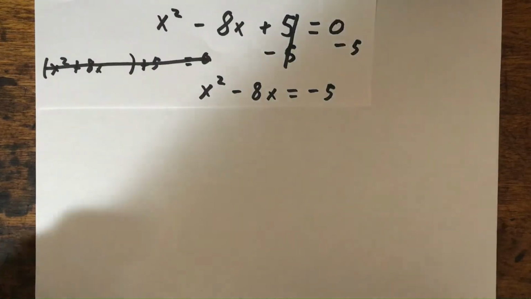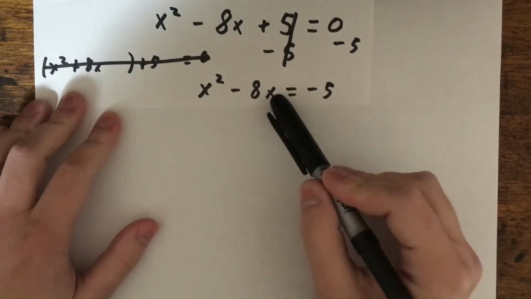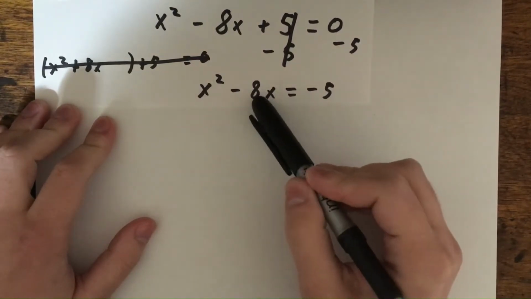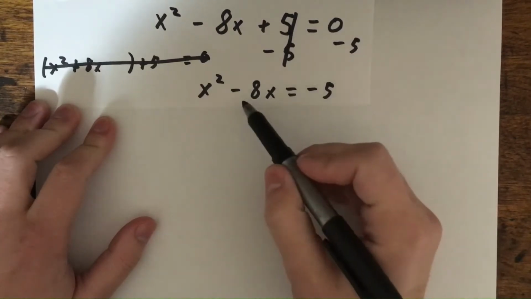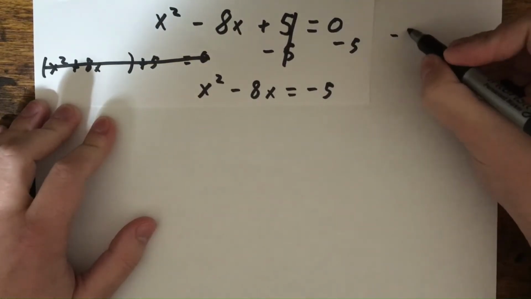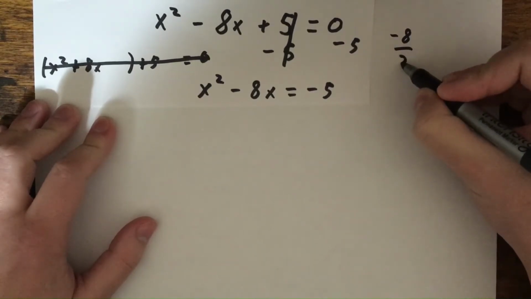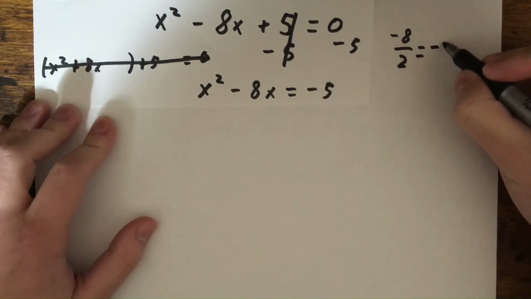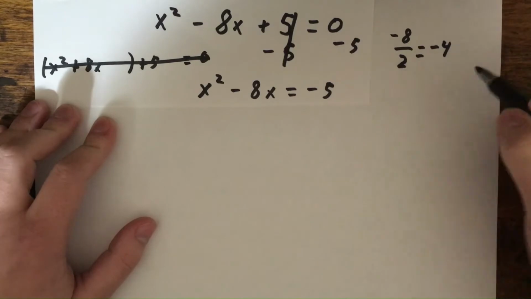Now the next step is to take the number in front of this regular x, not the x squared. You want to take this number and half it. So it's negative 8. We want to half it, so negative 8 divided by 2 will give us negative 4. And then you want to square this number.